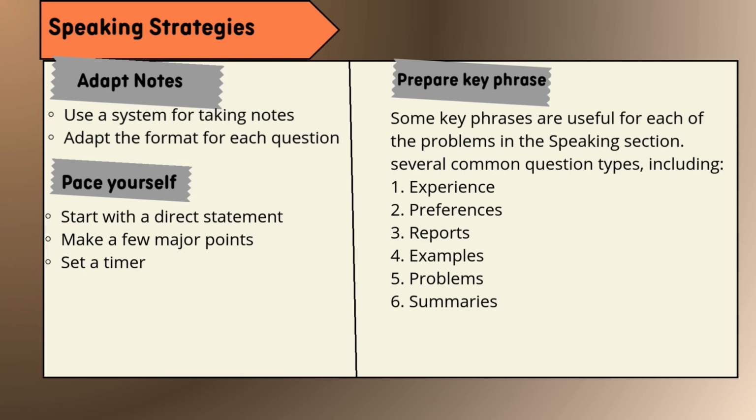How to give examples based on readings or lectures. Number 5, problems. How to identify problems and suggest solutions. And the last, summarize. How to summarize information, including definition, description, classification, chronology, comparison, cause and effect, and problem solving.